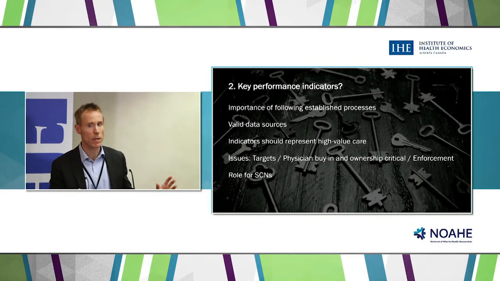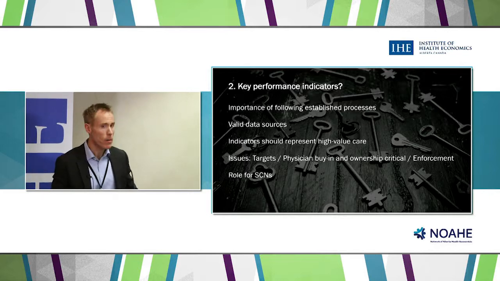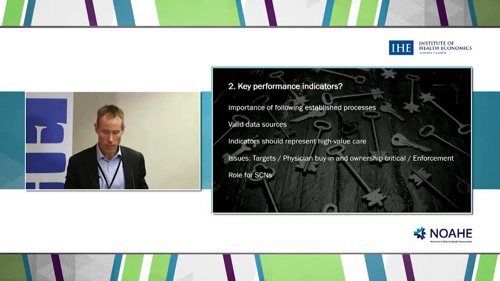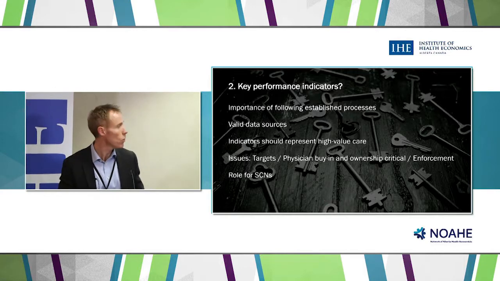Enforcement of these things always comes up as an important issue. But if the indicators represent high-value care, then this is something you can embed into practice and get physicians partnering on particular areas.